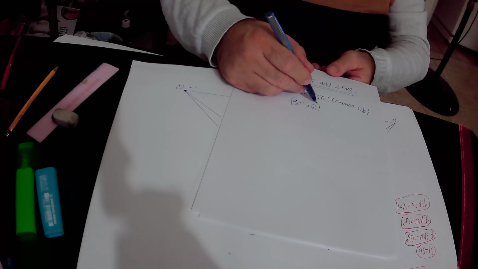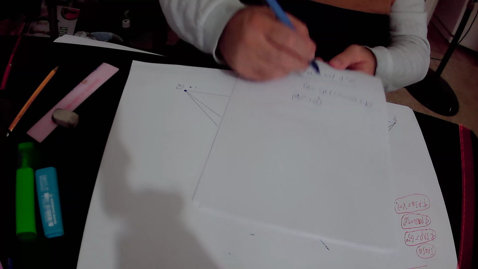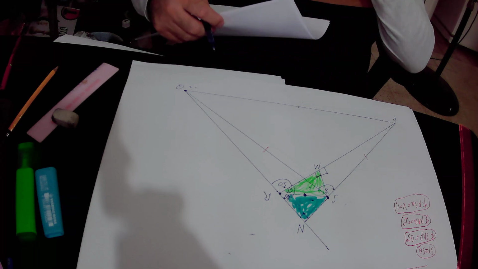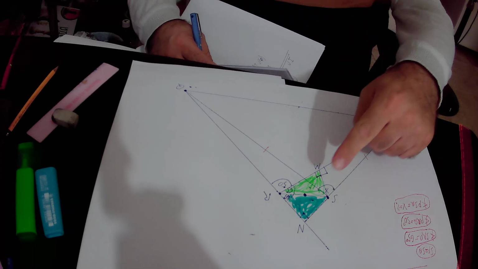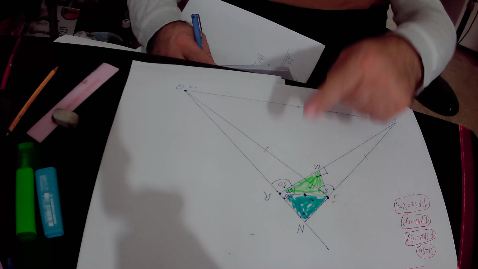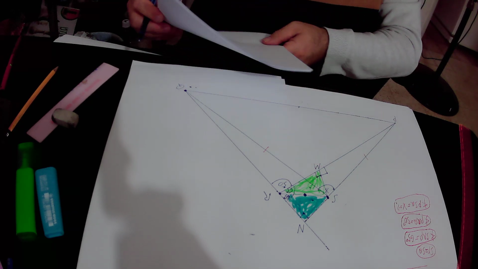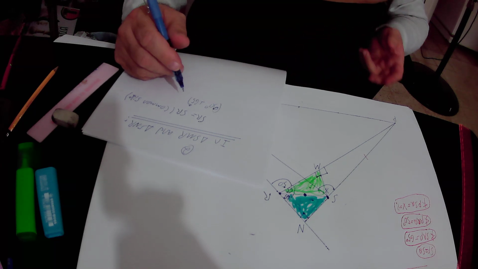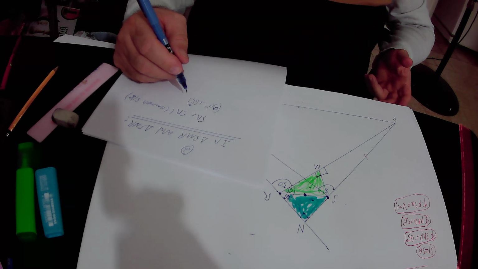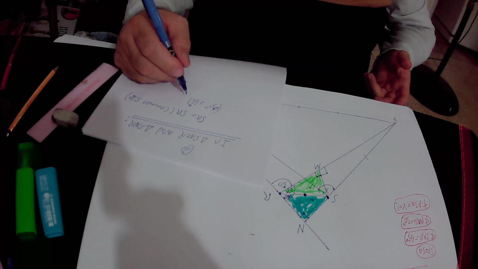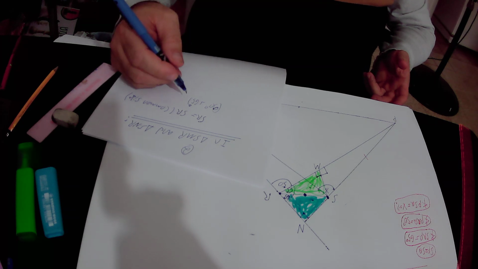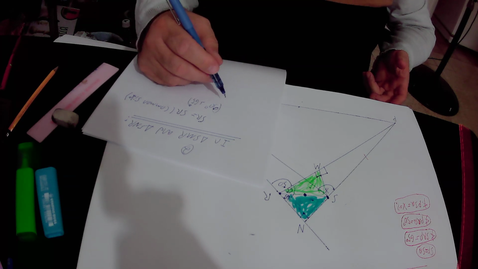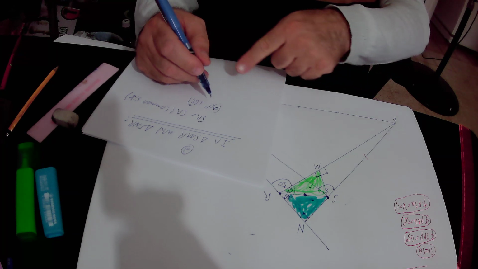And we have exactly the same angles in the blue triangle, 90 degrees and 65 degrees. And we know that the sum of the angles in any triangle equals 180 degrees. Okay, so therefore the third angle must be equal to 180 degrees minus the sum of the two other angles.